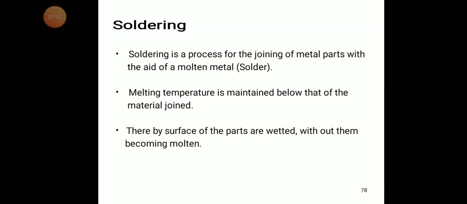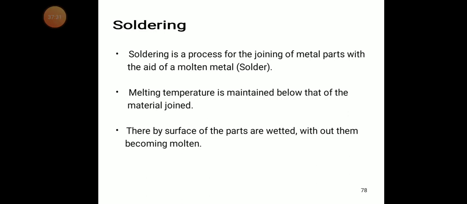The melting temperature is maintained below that of the material joined. Whatever material we want to join, the melting temperature of the solder should be less than that material, so the surfaces of the parts are wetted without becoming molten. That is called soldering.